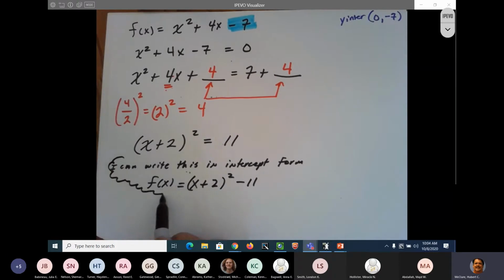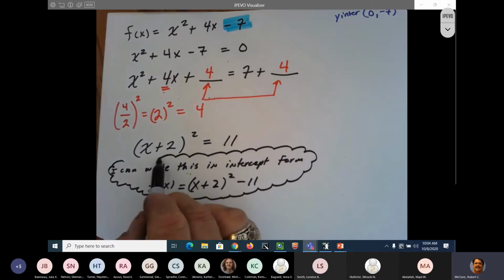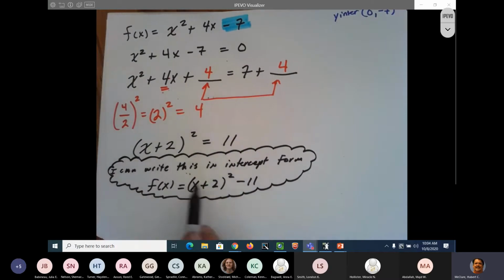Now, I'm going to put this in a cloud because this is what they want in homework and test questions. They want f of x is equal to x plus 2 quantity squared minus 11. That's what they want in an answer when they say general form or intercept form.